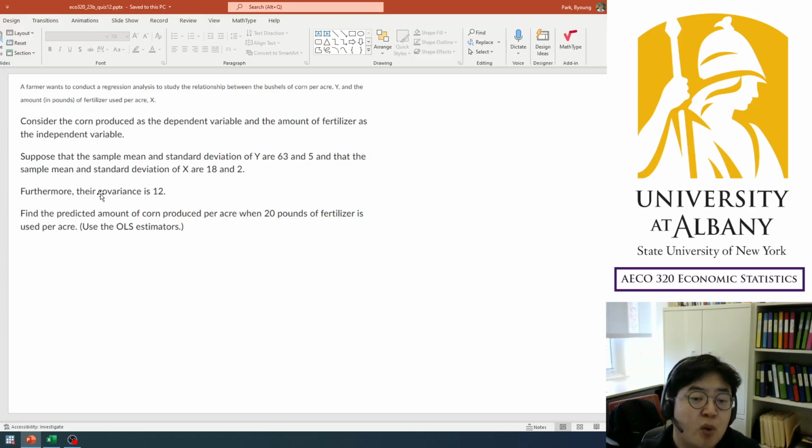Furthermore, their covariance is 12. Find the predicted amount of corn produced per acre when 20 pounds of fertilizer is used per acre, right? So we are going to use the OLS model and estimate the OLS estimates using this information, right?